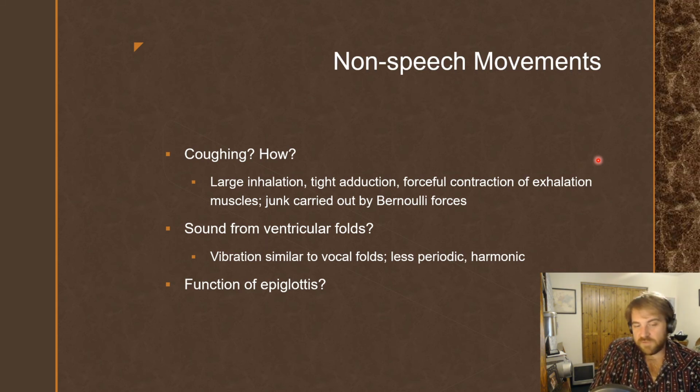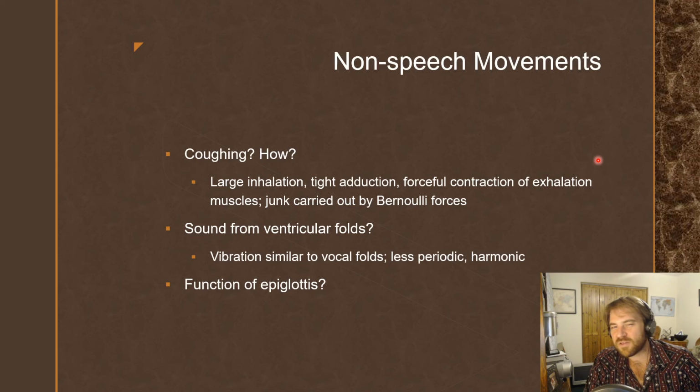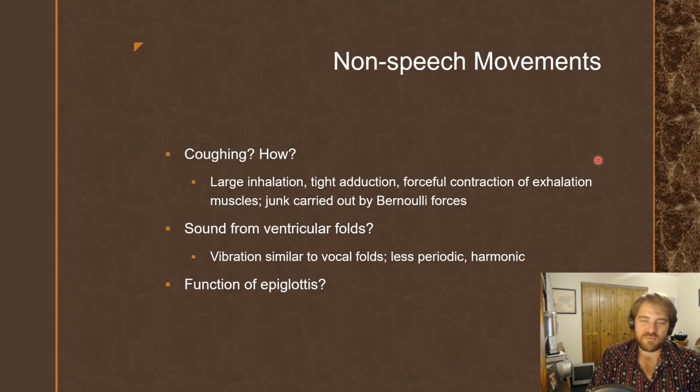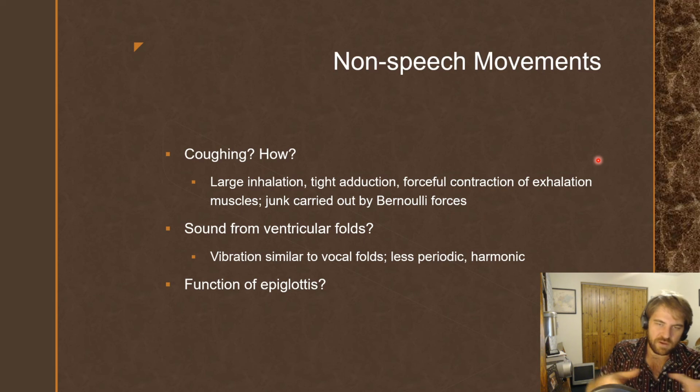But if you're on the bus, go ahead and try it. So you get vibration that's similar to the vocal folds because you do have this sort of periodic motion, but it's less periodic, less harmonic.